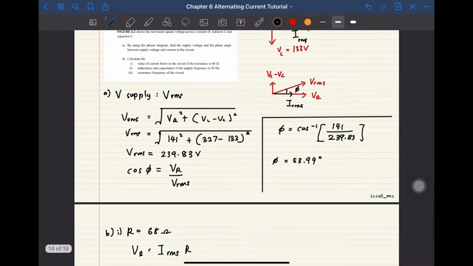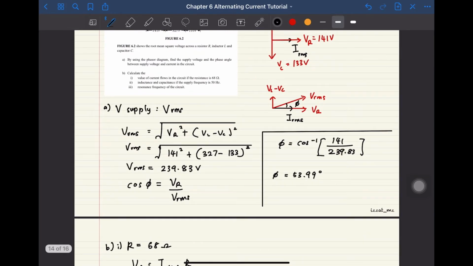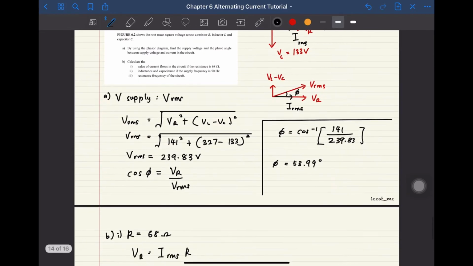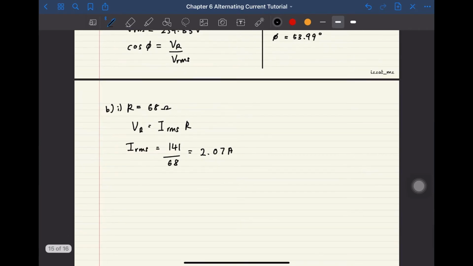For B2, they want to calculate the inductance and capacitance given that the frequency is 50 Hz. So the question wants to find capacitance and inductance. Don't confuse capacitive reactance with the capacitance itself.